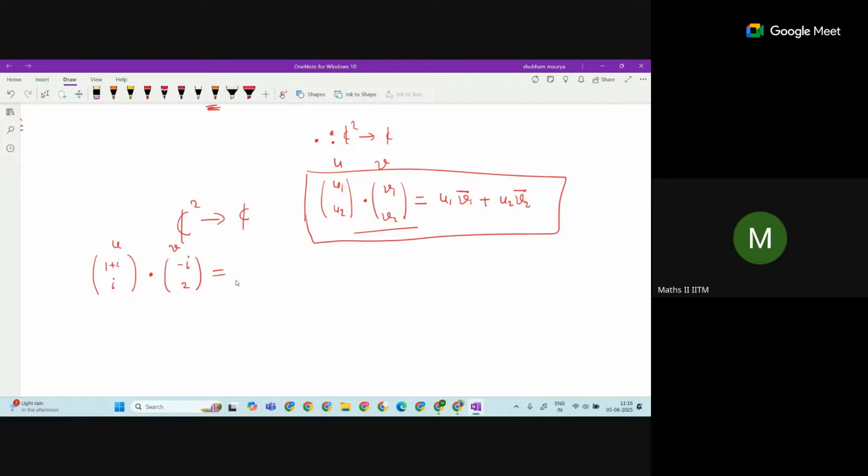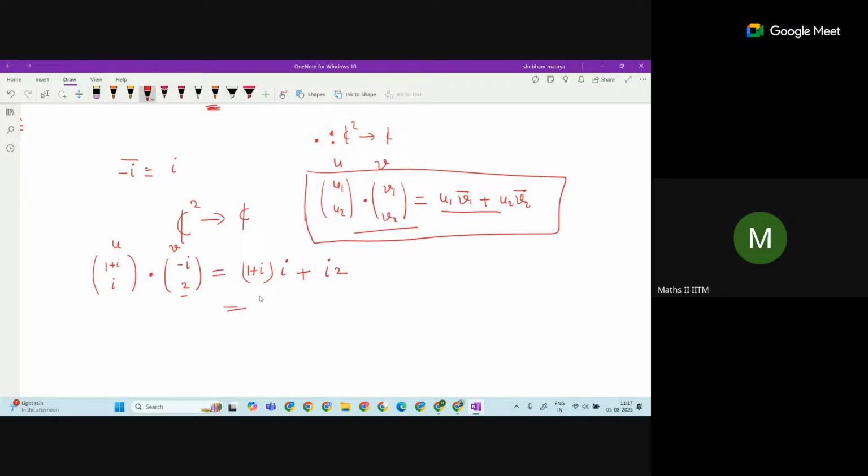Let me now complete it. Exactly the same way we will follow. So u1 is just 1 plus i and v1 is conjugated. The conjugate of minus i, as all of you know, is just i. So this is i here, plus u2. u2 is i, and the conjugate of 2 is just 2.